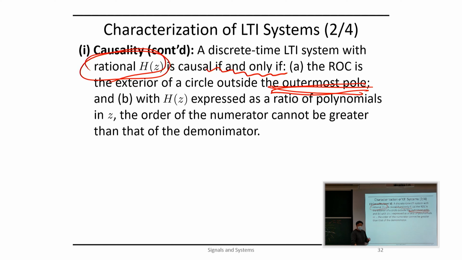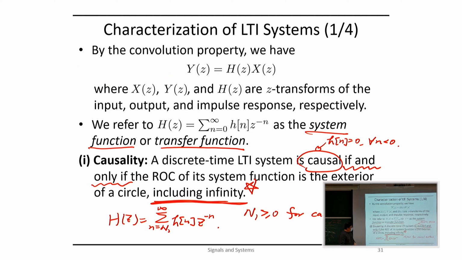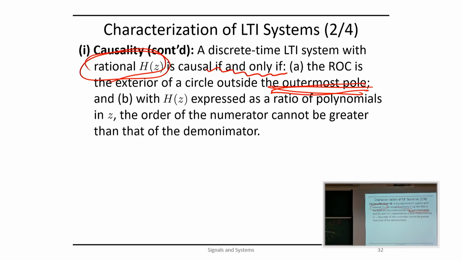So in order for infinity to be in the ROC, this statement must hold. For me, this is basically saying that infinity is in the ROC. So nothing more is really said by having H being rational. I think the only additional thing is just that it should be outside of the outermost pole.